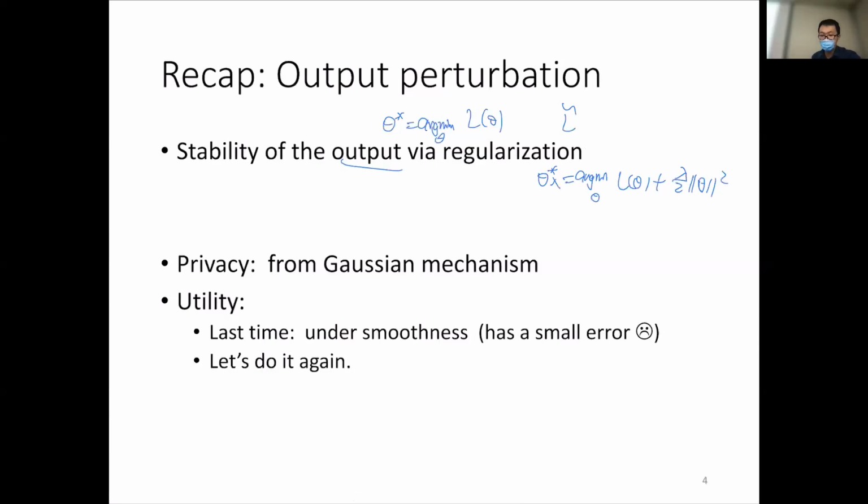And thanks to the property of the strongly convex, we've seen that the norm of theta star lambda minus theta star lambda tilde is smaller than 1 over lambda times the gradient of this additional data point that we add or remove from this objective.